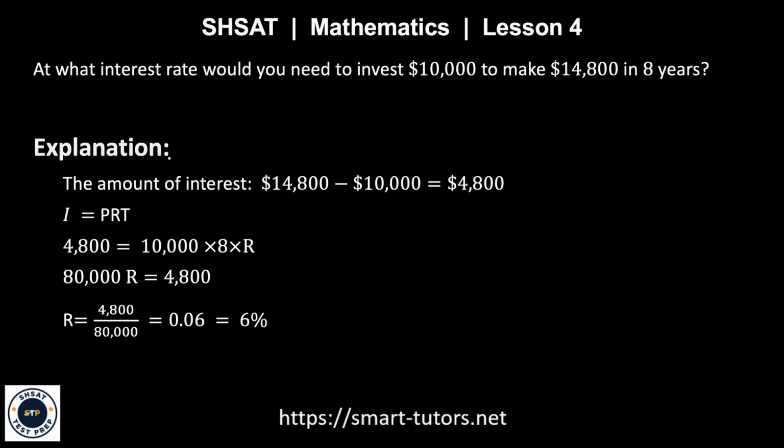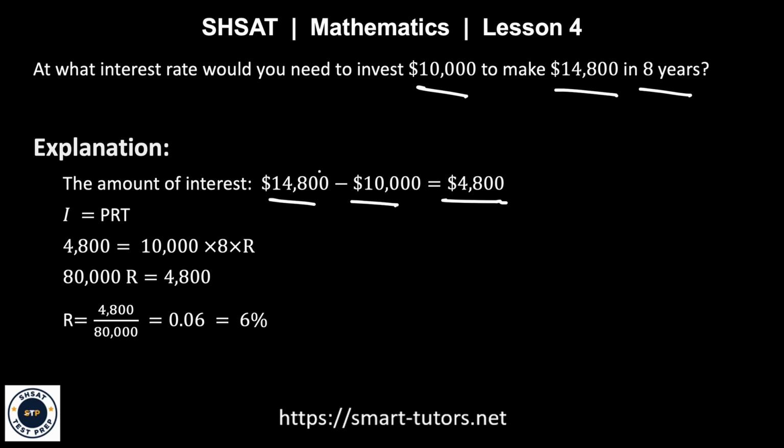Let's do another practice problem using I equal to PRT. At what percent rate would you need to invest $10,000 to make $14,800 in 8 years? You have to find how much interest you actually want. So the amount of interest equals 14,800 minus 10,000, that is 4,800. Let's plug the values in.